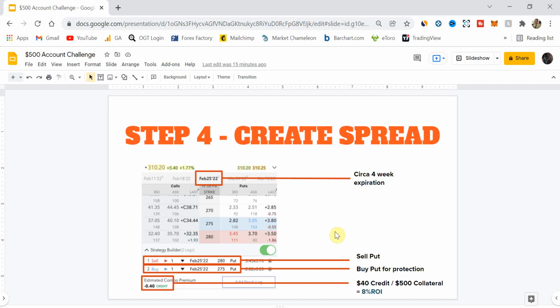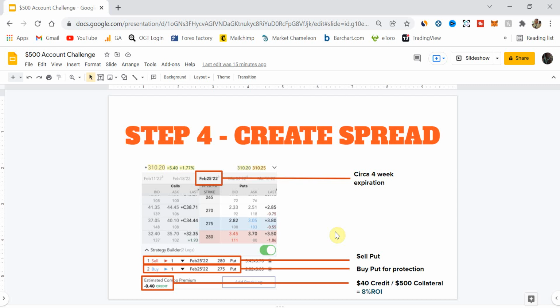Now, I don't know about you. I don't really want to put up $28,000 to buy Microsoft at 280. Don't get me wrong, $280 is probably a steal for Microsoft, but I said that we're going to spend a minimum of $500 on this particular trade, not $28,000.